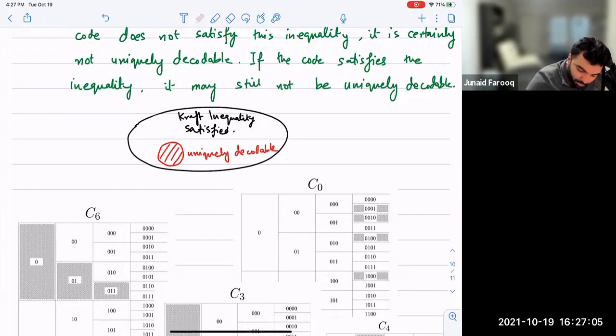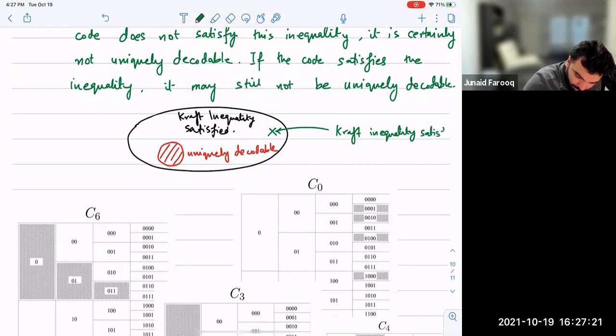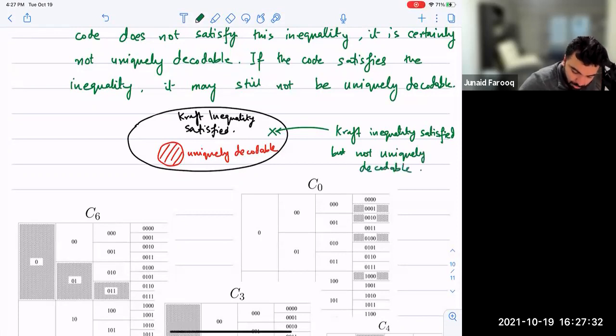Right, so there's space for codes for which the Kraft inequality is satisfied, but which are not uniquely decodable. But obviously anything outside can never be uniquely decodable, right?